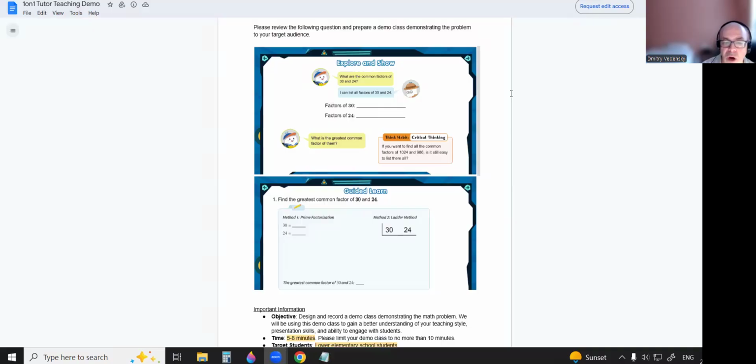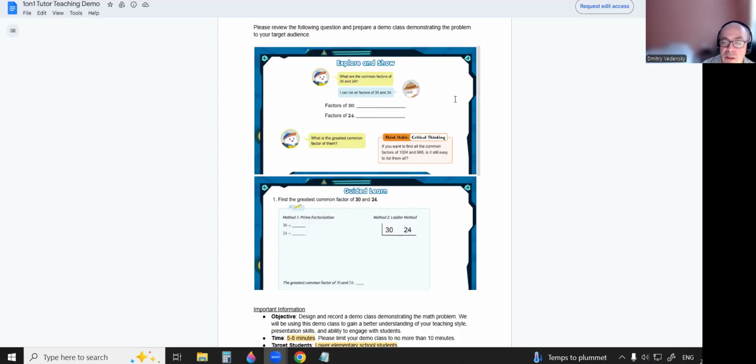So let us get back to our question. All right, is everything clear? Do you see how to apply both methods? The first is prime factorization, and the second is the ladder method.